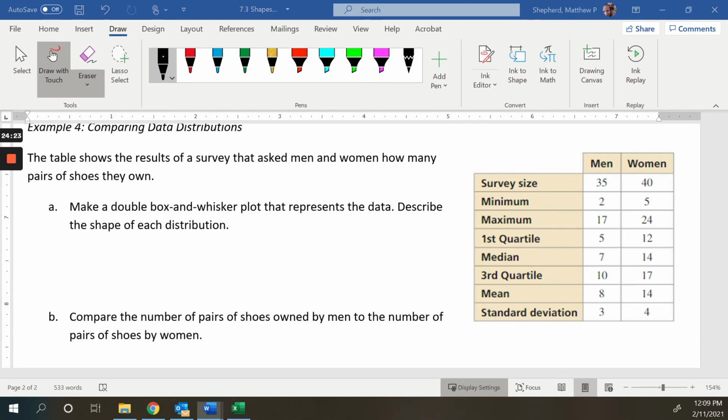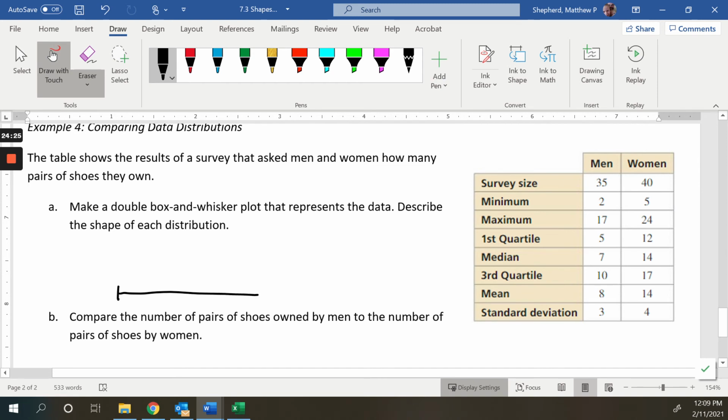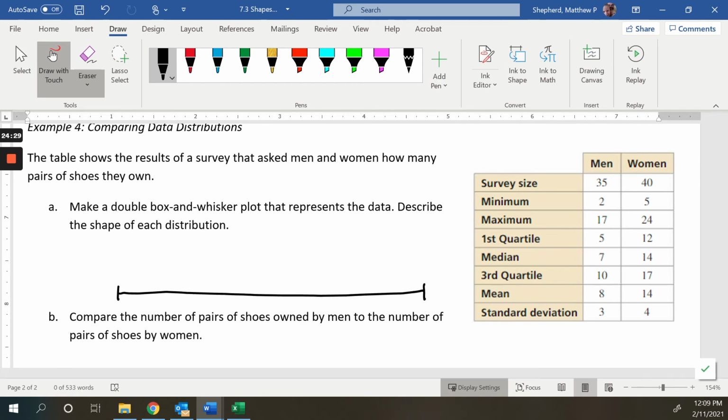So double box and whisker plot, I'm going to need a number line. The smallest number from either, we got 2 and 5, so I'm going to go ahead and start this one at 0. Then the maximums, we have 17 and 24, so I'll get a maximum of 25.